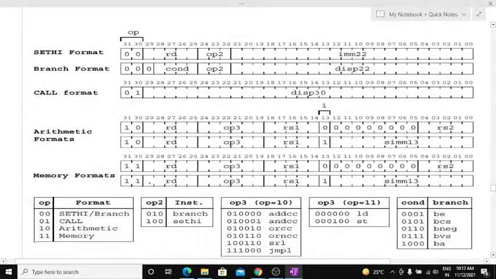Format means how we specify the ARC related instructions. ARC processor instruction format.